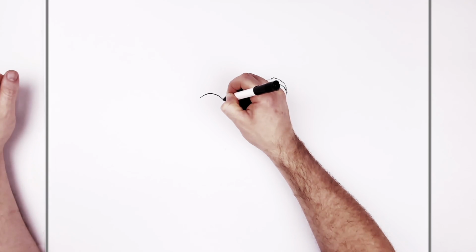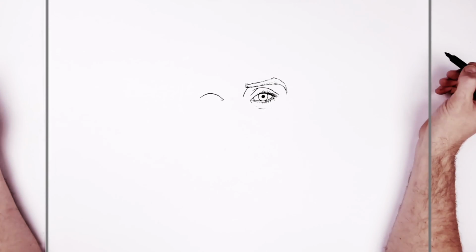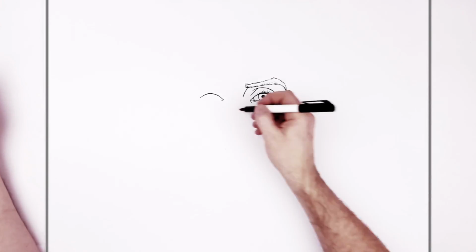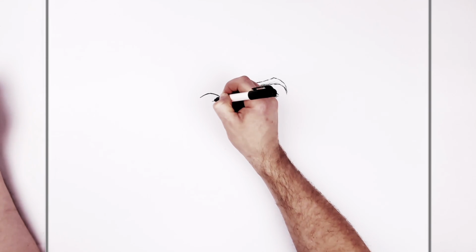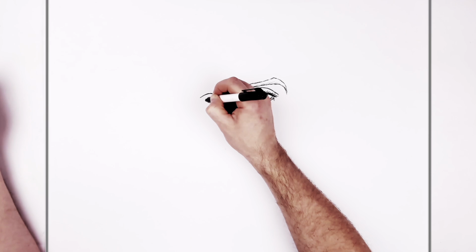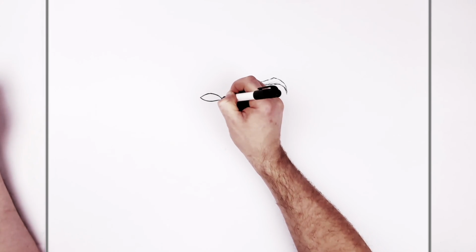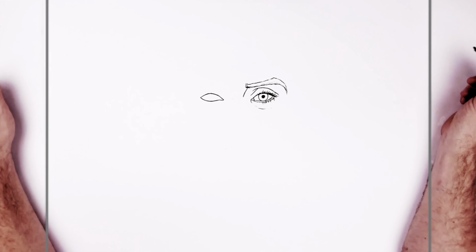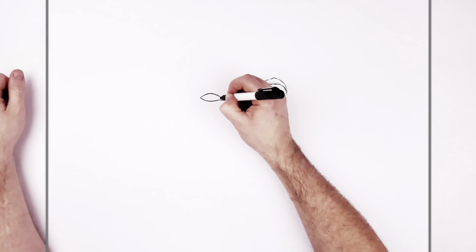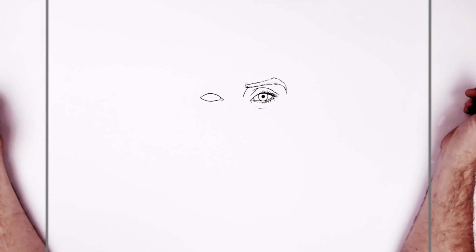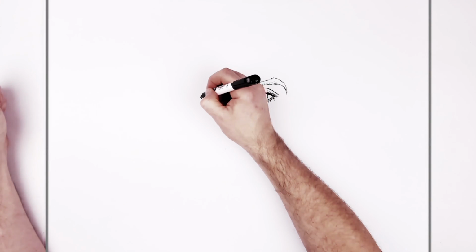So tear ducts then, and that curved part of his eye underneath. We'll add our line for our tear duct, and then big old eyelashes.